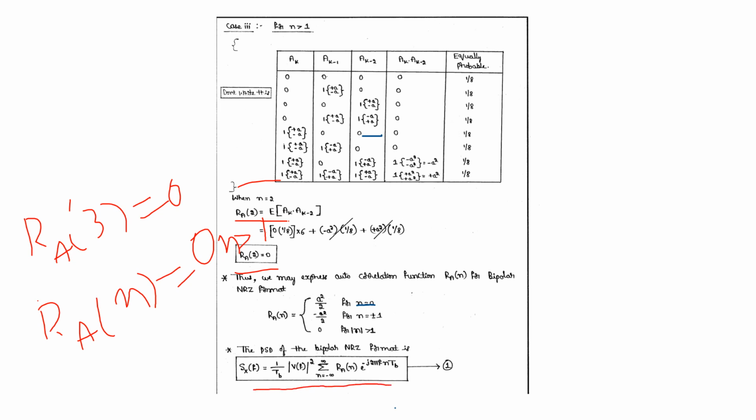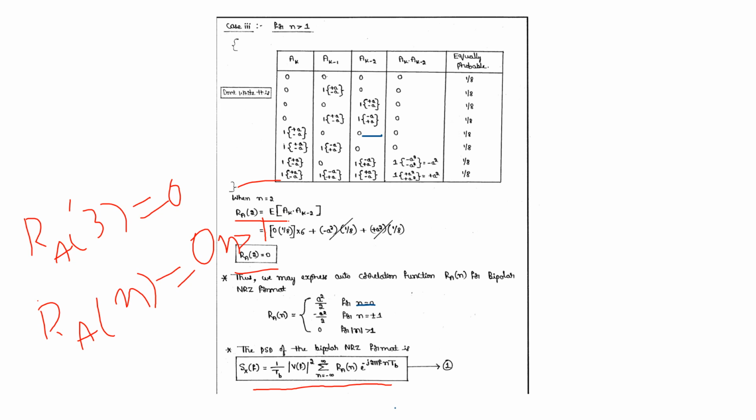So when you are going to substitute, using the formula, S of f is equal to 1 by TB times the magnitude of G of f squared, and the summation n is equal to minus infinity to plus infinity of RA of n and e to the power of j 2 pi f n TB. Okay, this is going to be the power spectral density in case of polar format.